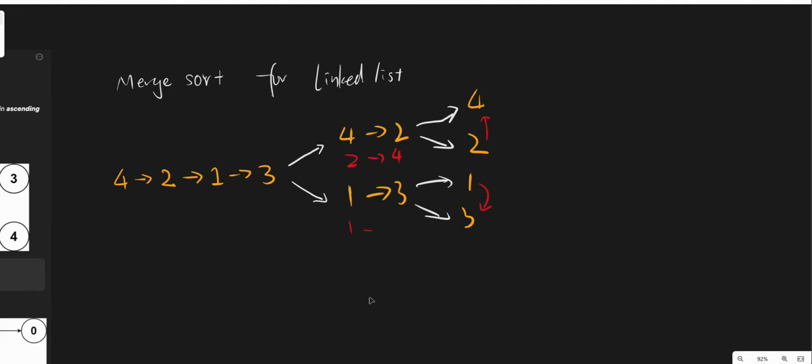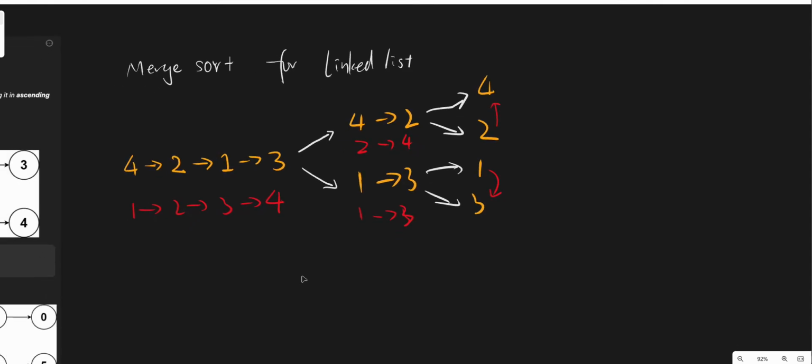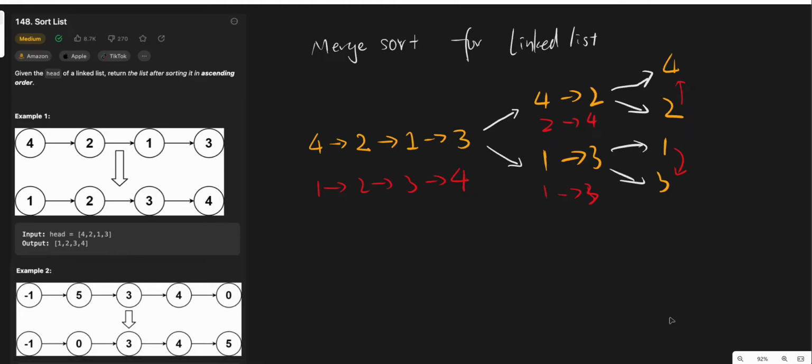And now these two linked lists are sorted. Now we can return to the root list, which is 1, 2, 3, 4. So that's how this algorithm works.